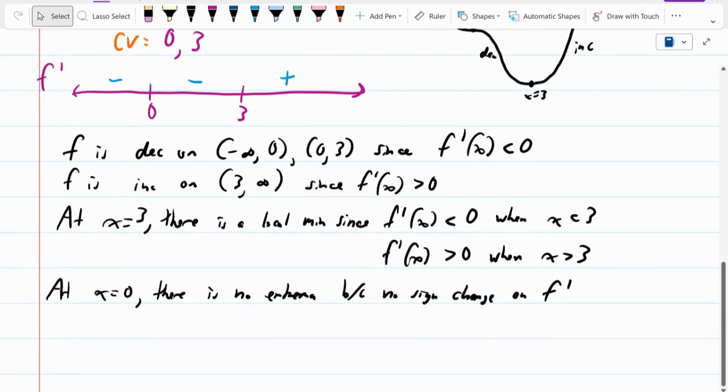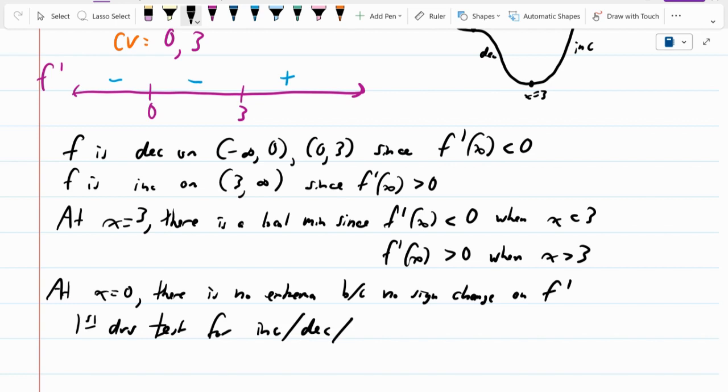So to summarize, the first derivative test for increasing, decreasing, and extrema.